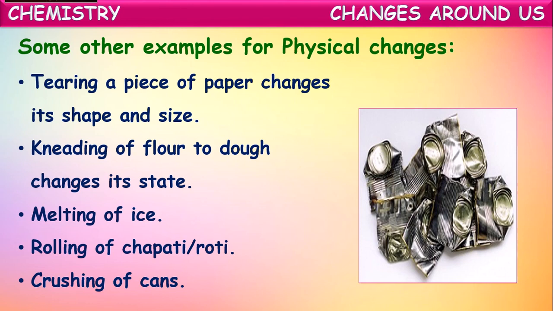They change their shape, but no chemical composition is changed. It remains still the tin, but its shape is changed. So we can say in all these changes we have observed, there is only a change in physical properties like size, shape, color. Because of this, these changes are said to be physical changes.